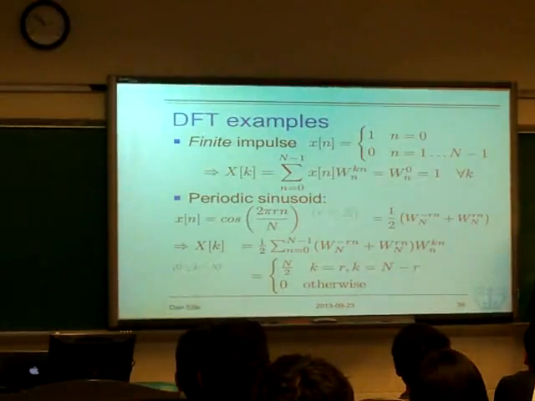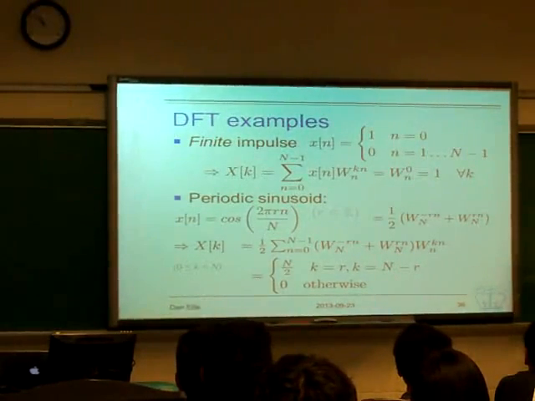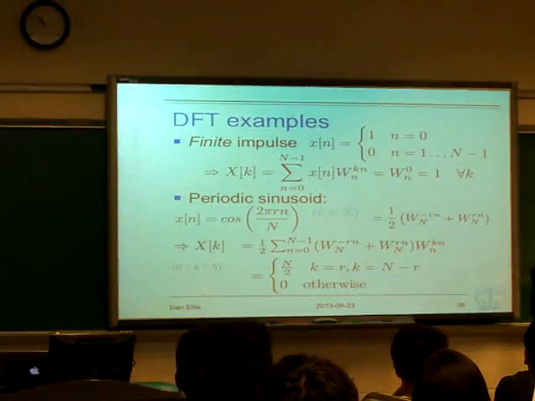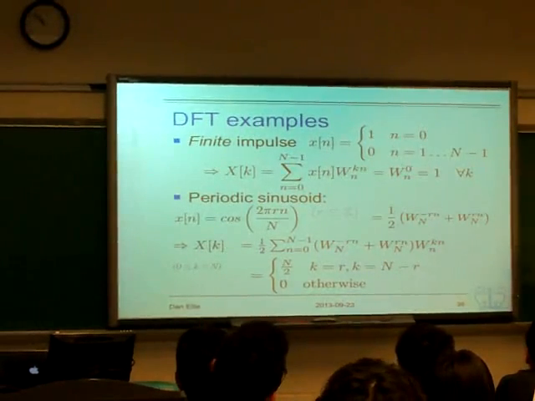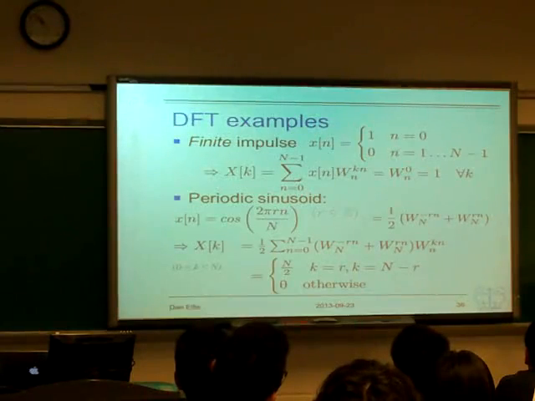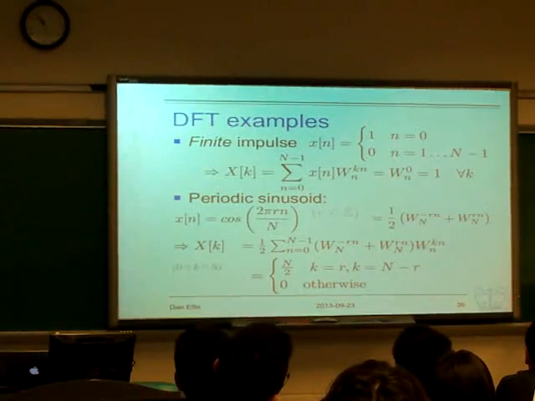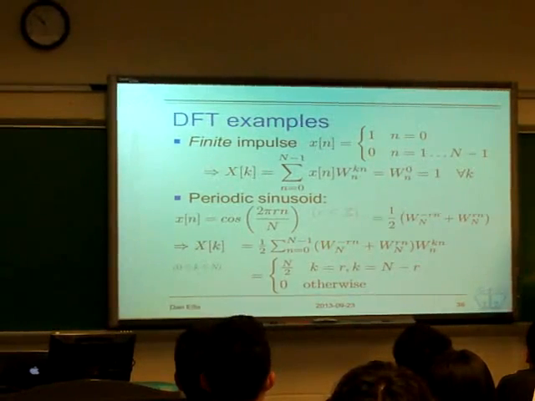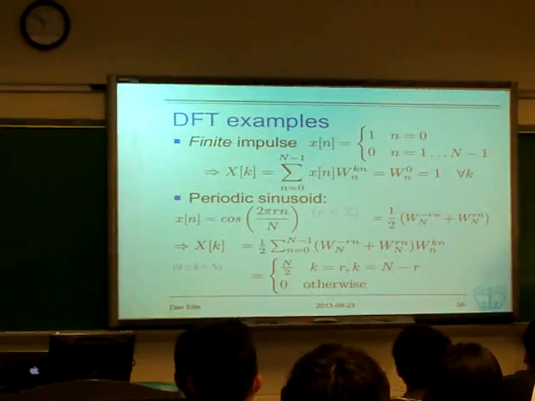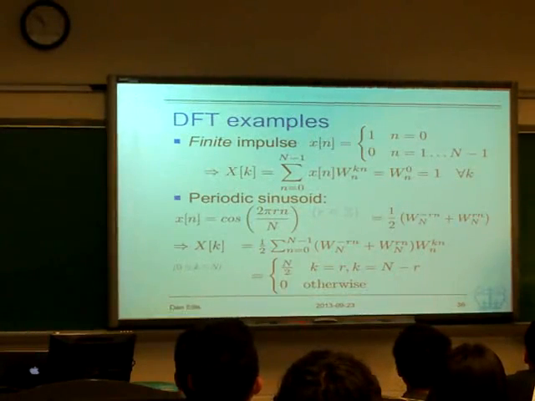And if x of n is defined as 0 outside of some range, then it naturally becomes the sum from n equals 0 to N minus 1 of x of n e to the minus j omega n, where we can define omega differently. So the DFT is exactly the DTFT for a finite length sequence of N points.